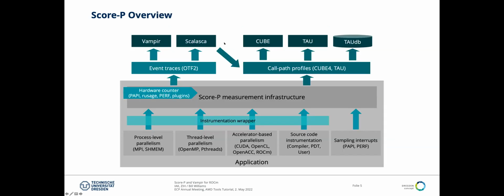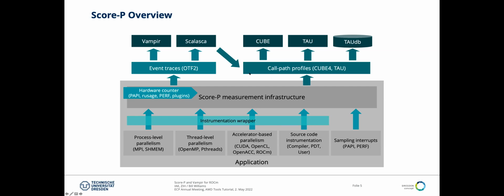How SCORE-P works. We have at the very bottom our application, and sitting above it, we have these things that we call adapters that intercept and instrument these various parallel paradigms, instrument source code, collect some sampling data, and that feeds into our measurement system, which can also integrate hardware counters or other so-called metric values.